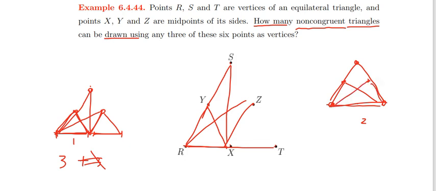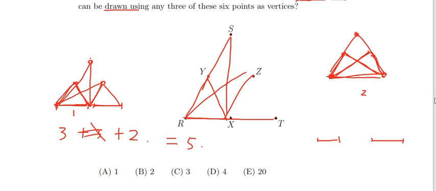It seems we have 3 triangles, but this one and this one are the same. So here we can only add 2. So if this side is 1, we have 3, and if this is 2, we have 2. No others. So 5.